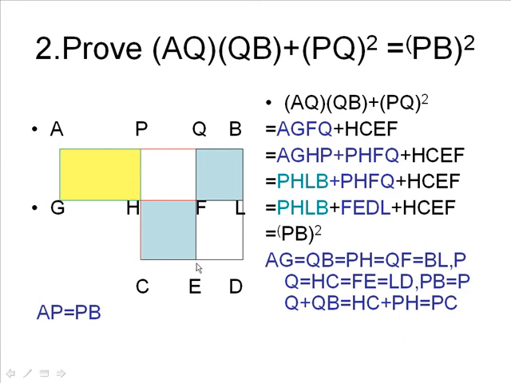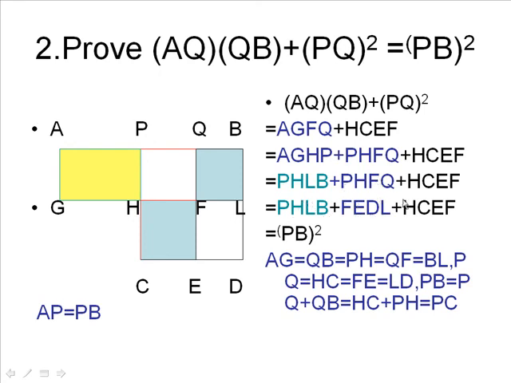PQ equals FE. And also, this is a square, so FL equals QF. So we have the length of these two are equal, width of these two are equal, so these two white rectangles are equal.